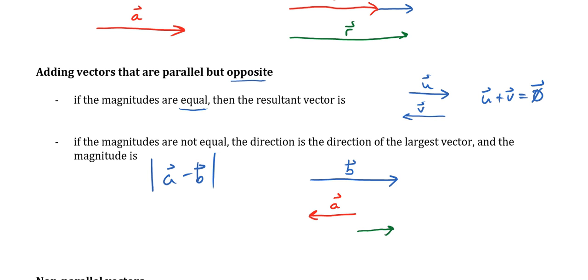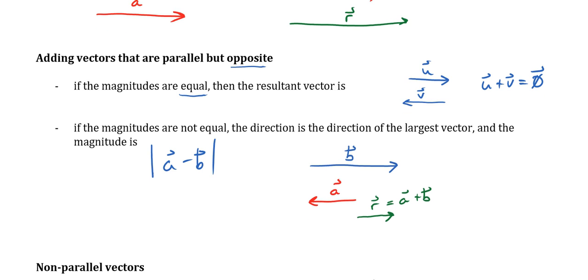Or plus negative 4. So this is going to be R. Okay? Easy enough? All right.